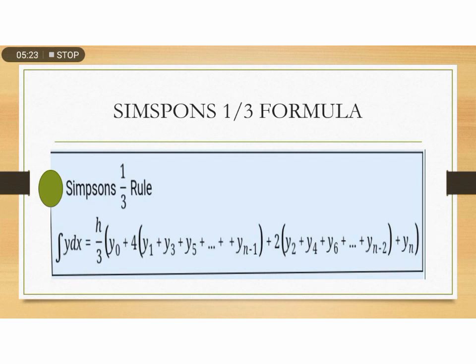So that is the formula of Simpson's one-third rule.